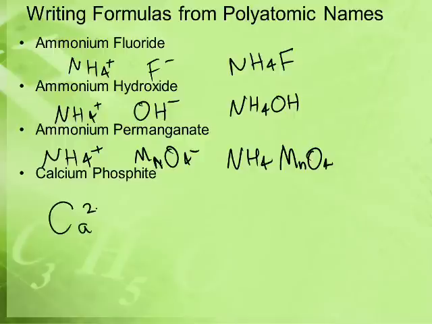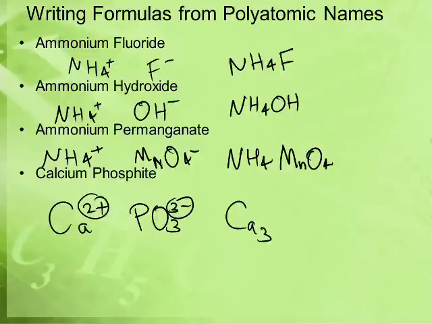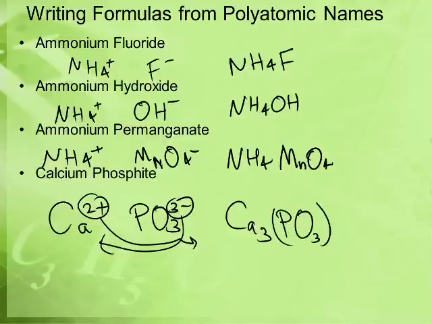And what about calcium phosphite? Calcium is 2 plus. Phosphite is PO3 3 minus. It's the same like we've been doing though. You can just switch these two numbers. So the calcium will have 3 and the phosphite will have 2.